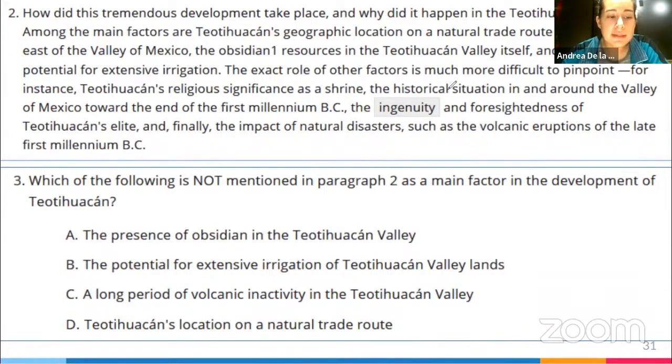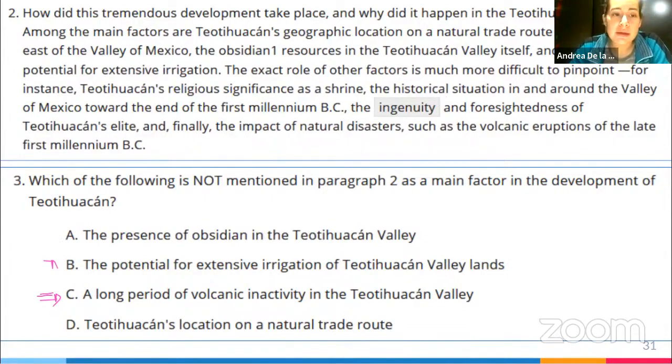All right, Henry says option C, a long period of volcanic inactivity in the Teotihuacan Valley. Evelyn says B, and Ricardo says C too, okay? Okay, guys, we have one more. Wendy also agrees. See, I think everyone is inclining towards C.